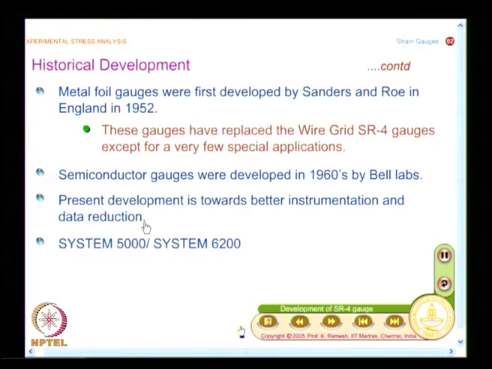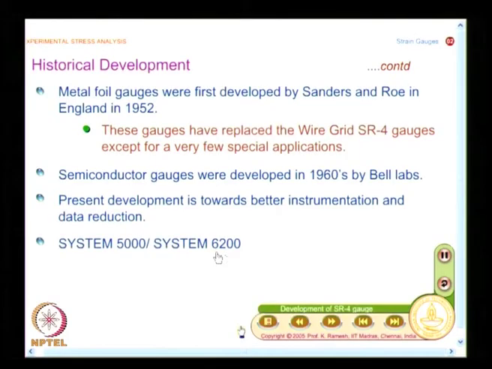So, as the technology is advancing, more refinements come into place. With computer technology, I can handle 1000 channels comfortably now, which was not possible earlier. You may be able to have few channels to start with, and you can also go for dynamic strain measurement. All that is because of advancements in electronics.